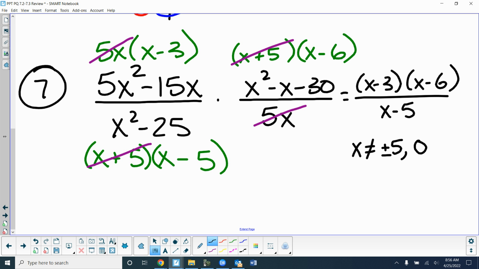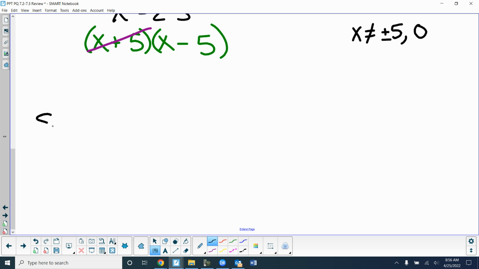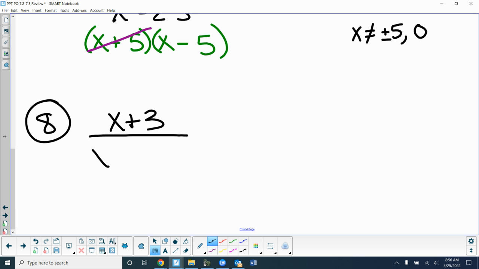All right, so just make sure we can factor. All right, number 8 is a division problem. So when I write division problems on my paper, which you guys don't have to on your paper, it's already written, right? I write it as a multiplication, but what's my other fraction look like?